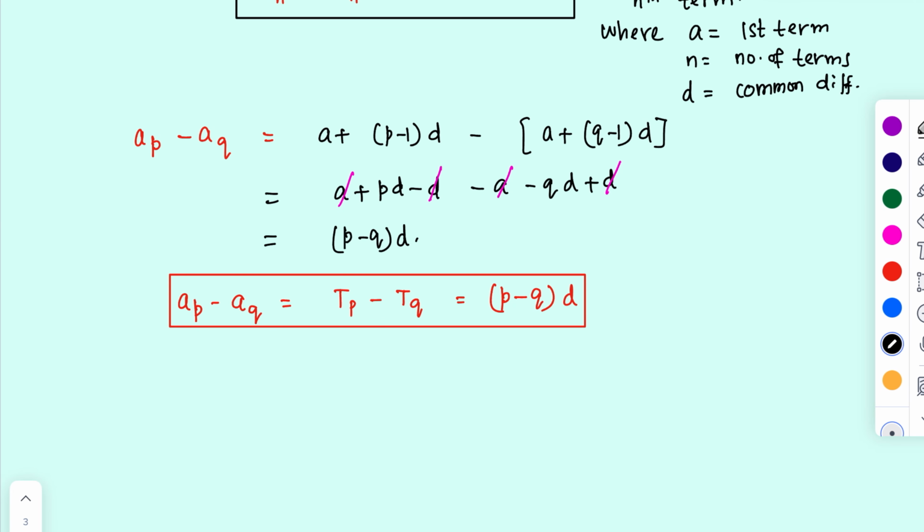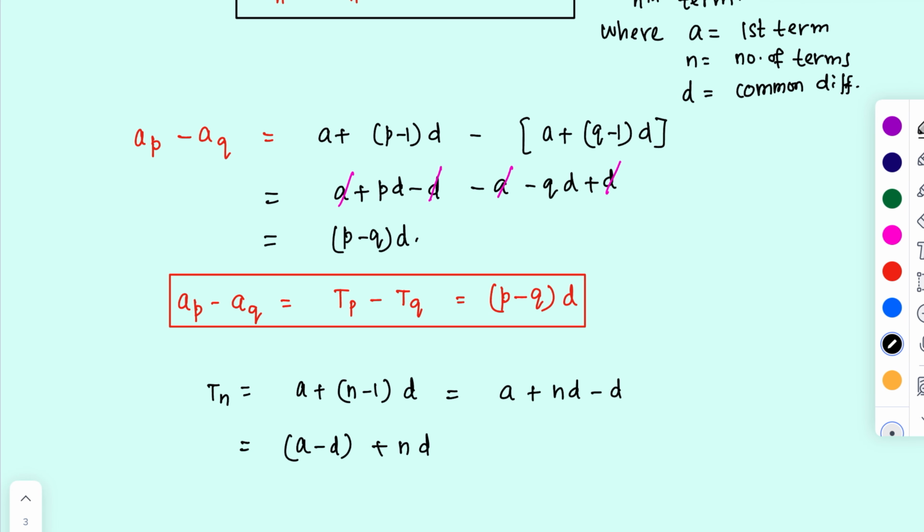And for the general formula, you see Tn is equal to a plus n minus 1 into d. If we rearrange it, इसको हम मिलेगा nd minus d. Tn is the function of n actually. You see here a we can rearrange it, हम उसको rearrange करेंगे ऐसे, a minus d लिखेंगे plus nd.